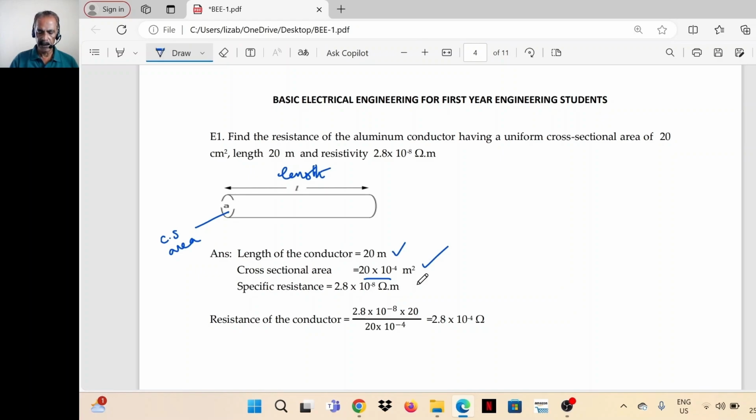So the specifications are now in standard units, and we can substitute and find the resistance of the conductor. Rho 2.8 into 10 to the power of minus 8 into L 20 meter divided by cross-sectional area 20 into 10 to the power of minus 4 meter square. So this is the resistance of the conductor: 2.8 into 10 to the power of minus 4 ohm.